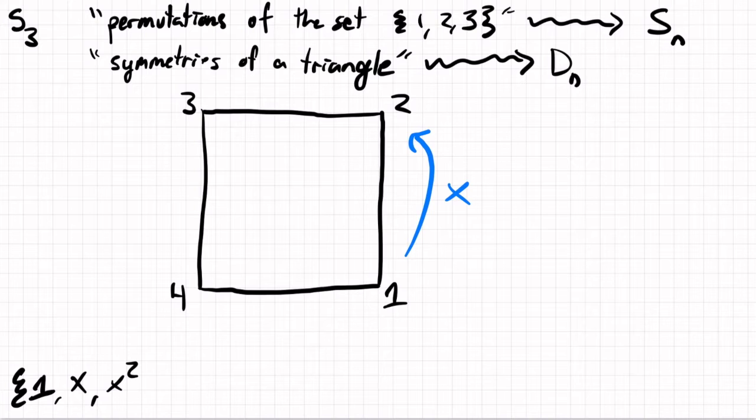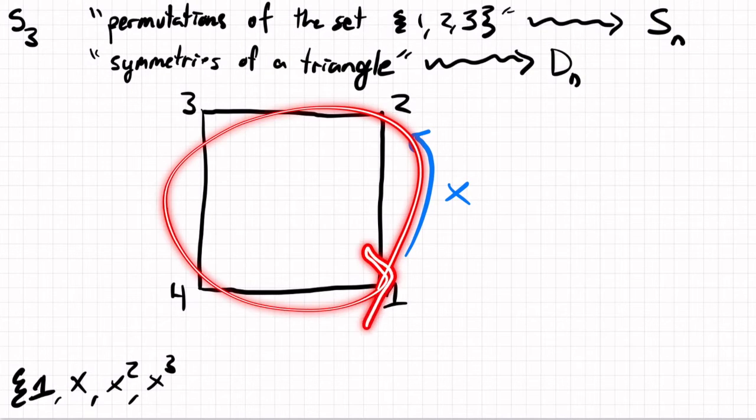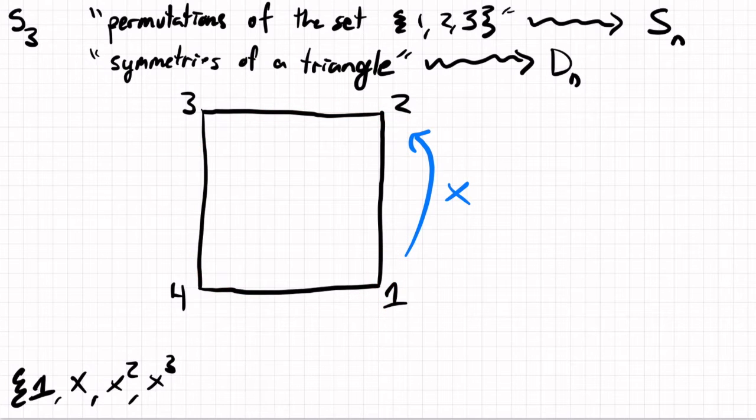We can rotate 3 times. That'll be x cubed. And then if we rotate 4 times, we'll end up back in the identity. 1 will be back here, 2 will be back here, etc. So that's the rotations. And then now we can look at reflections.